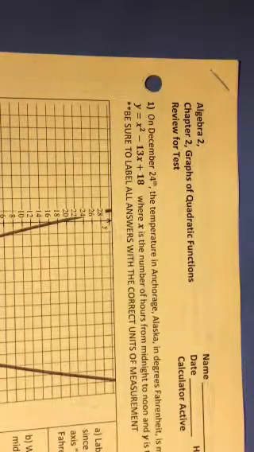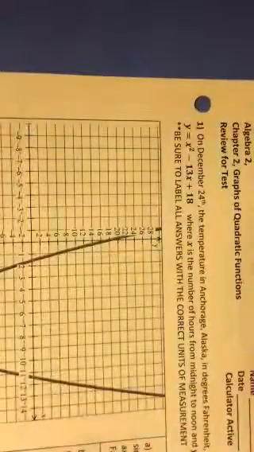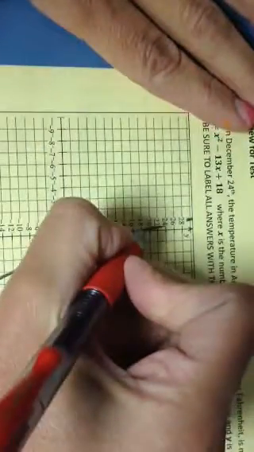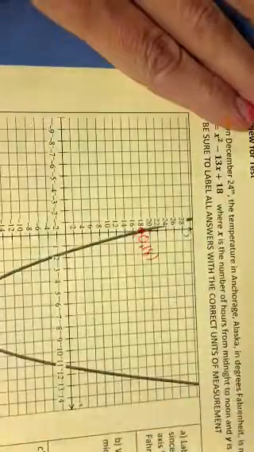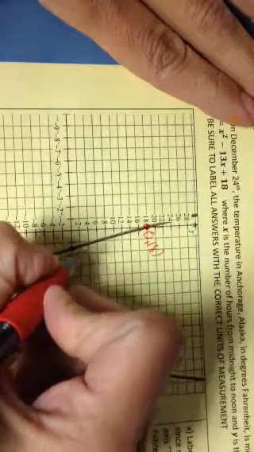So on any of these graph problems, make sure you read the graph. I would label the axis, which they ask you to do on A, and go through and label those key points. Those key points are always going to be our y-intercepts, our x-intercepts.